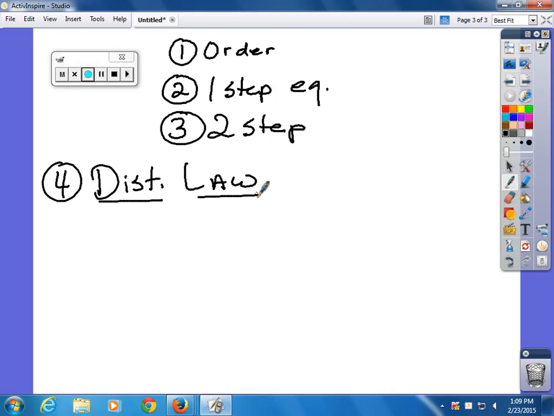Now, distributive law, here's an example of one. This is a very basic distributive law. Always remember the distributive law is kind of like a block of cement.